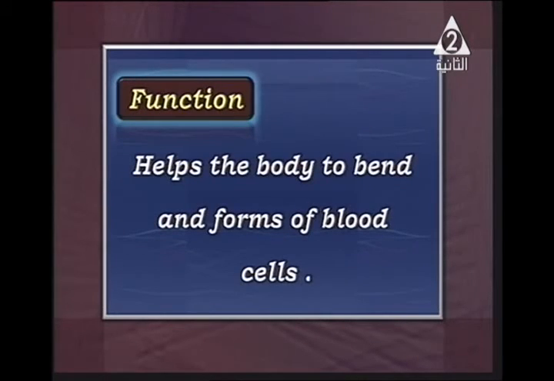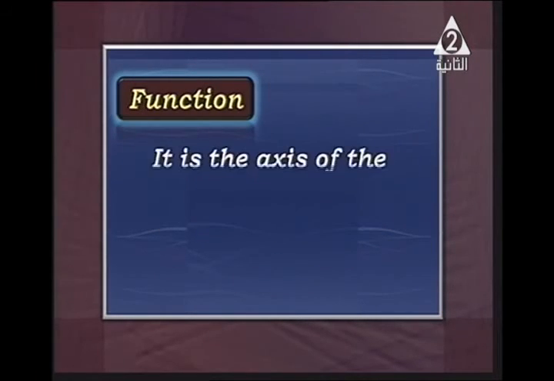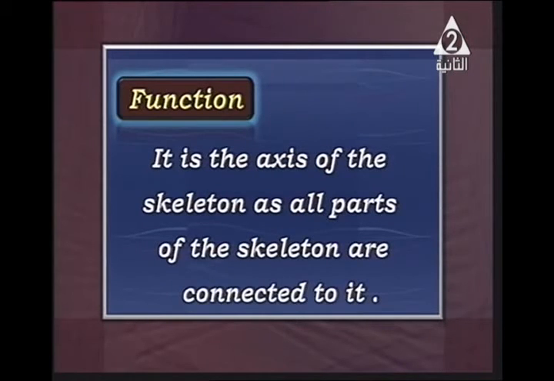It also helps the body to bend and move in different directions, and to form blood cells. And it's considered the axis of the skeleton, because all parts of the skeleton are connected and linked tightly to the vertebral column.